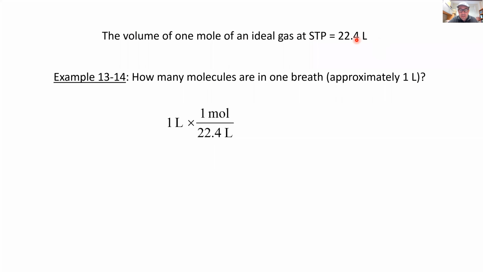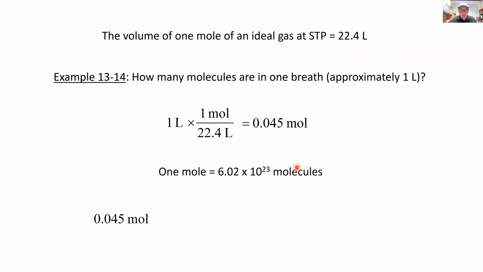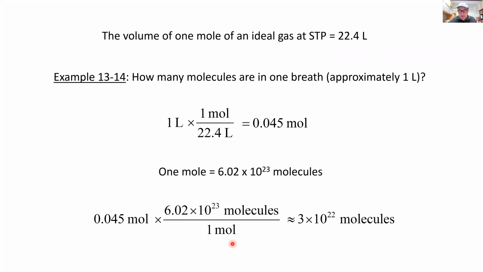We have this equality at the top of the screen, so you can convert liters into moles. So 1 liter, 1 breath, is about this many moles, 0.045. And we know that 1 mole is 6.02 times 10 to the 23 molecules. So we do another unit conversion from 0.045 moles into molecules using this equality. The answer is approximately 3 times 10 to the 22 molecules.